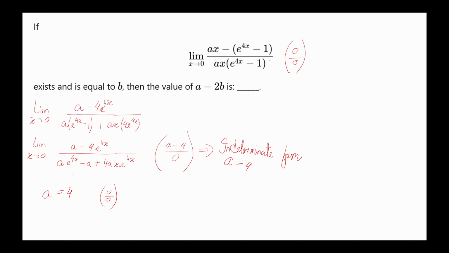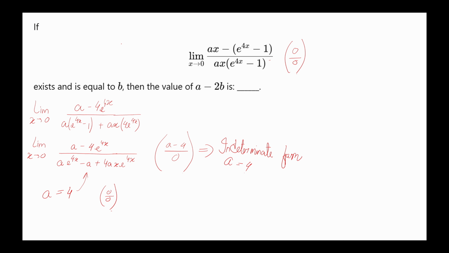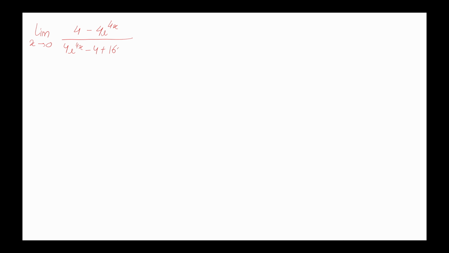Now I can substitute a equals 4 in this equation and solve my question further. So limit x tending to 0. Now I'll put a as 4. I would have 4 minus 4 e to the power 4x upon 4 e to the power 4x minus 4 plus 4 4s are 16 x e to the power 4x.